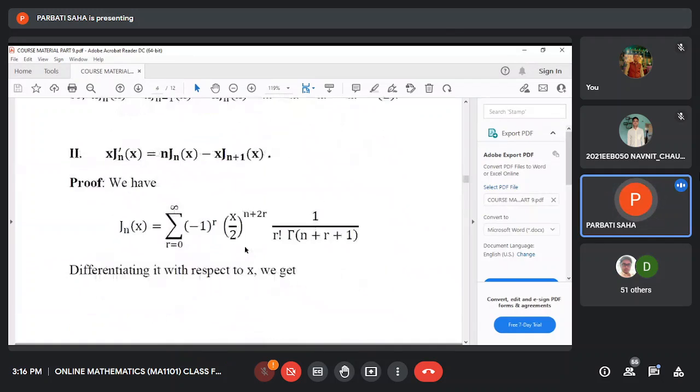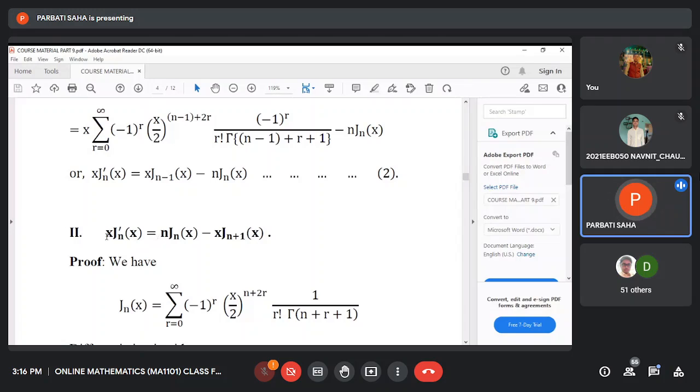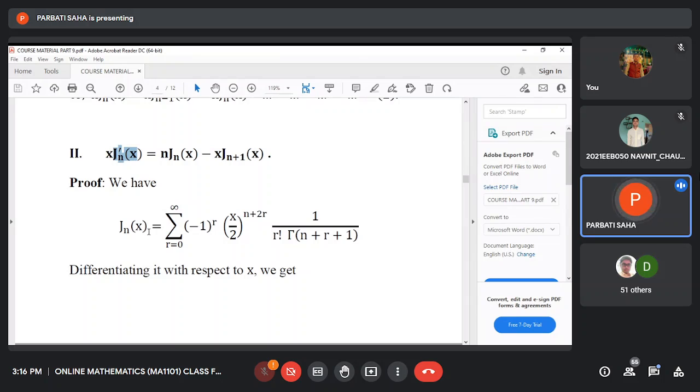Similarly, in order to prove the first recurrence relation, again we have observed here Jn dash x is present, and so we are to differentiate Jn x with respect to x. So we first know what is Jn x. After that, we observe this recurrence relation and then start what we have to do.